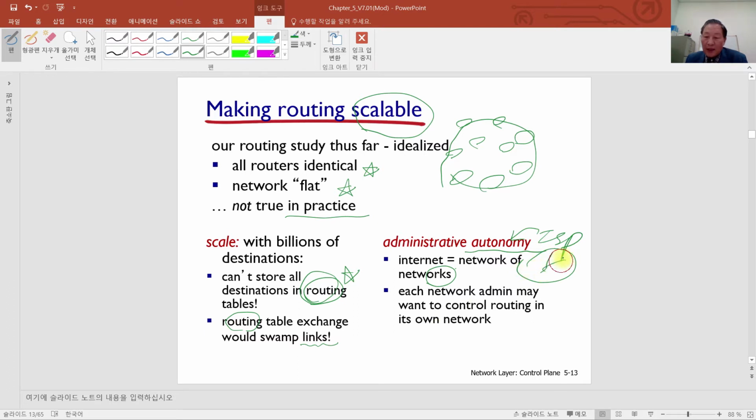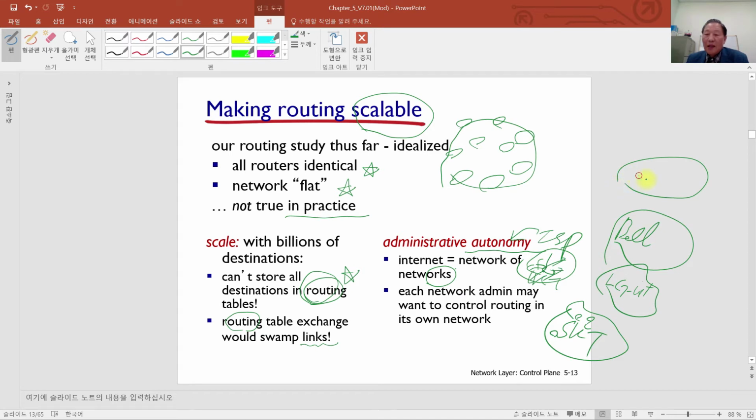In a simple way, in terms of administration or management, that is administrative autonomy, by KT or LG U+ or SKT, or Bell Atlantic in America, Southwestern Bell, Pacific Bell. Each internet service provider has its own administrative autonomy.